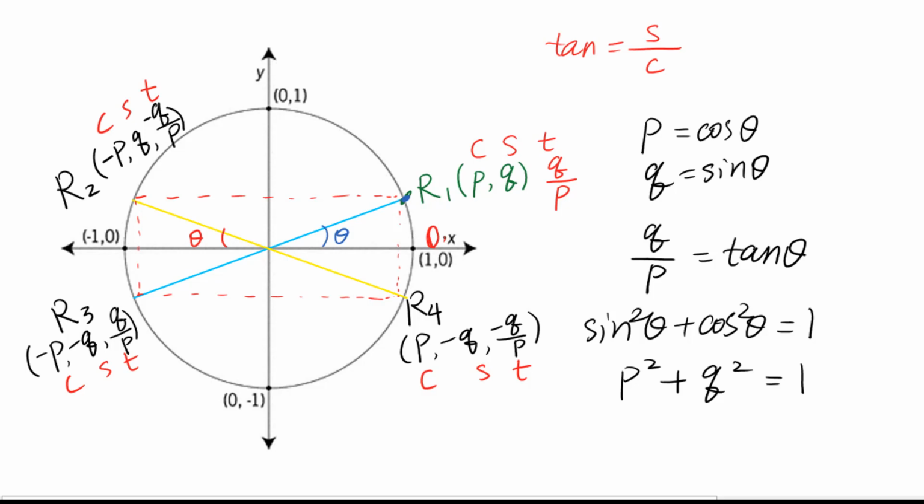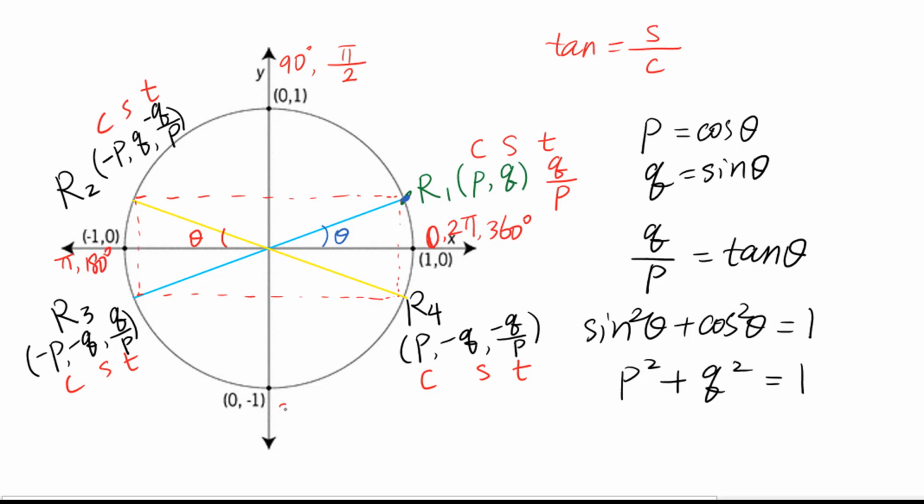We have 0 degree or 0 or 2 pi or 360 degree. For this angle, that is 90 degree or pi over 2. For this one, we know this is pi or 180 degree.